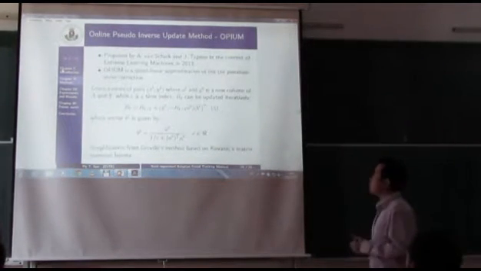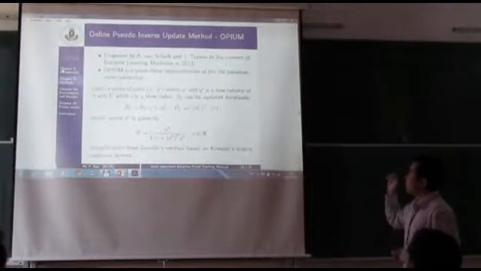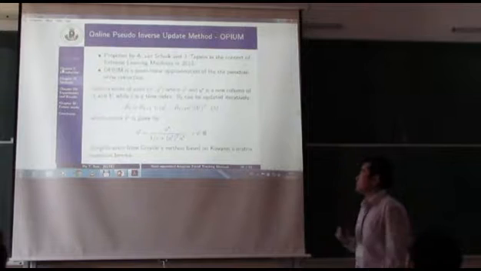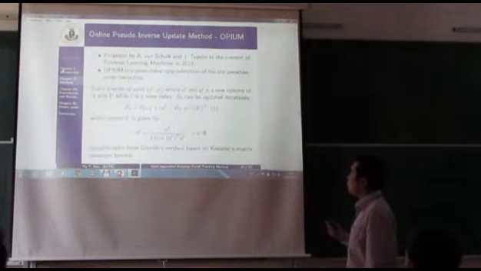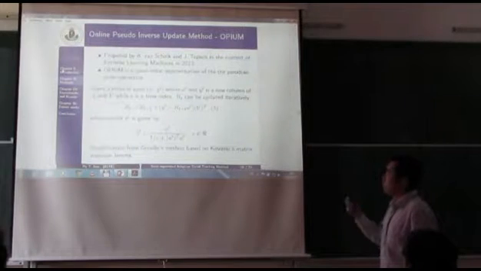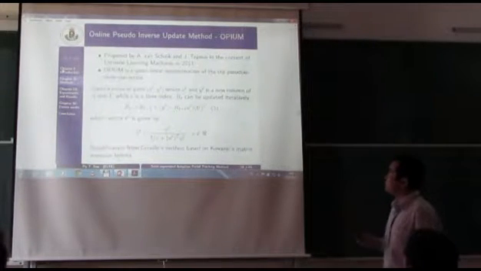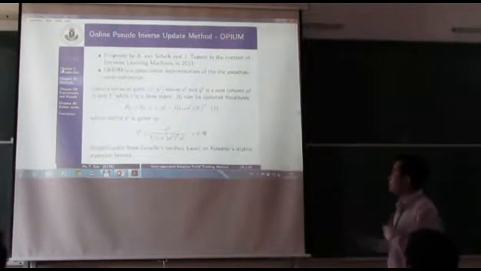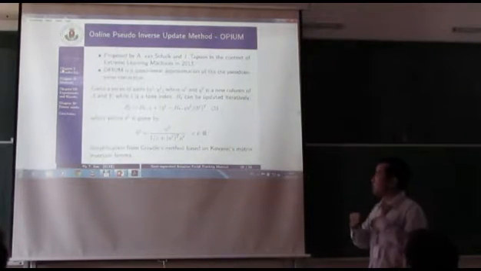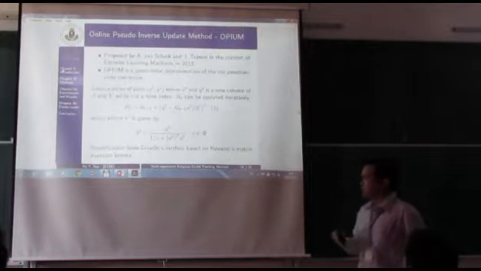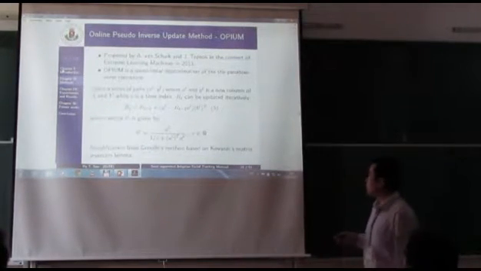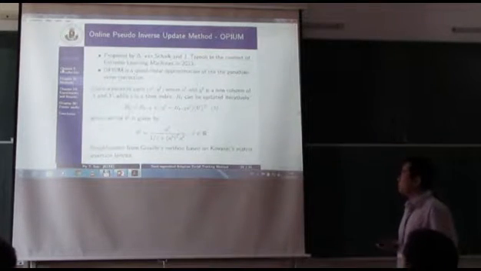And very fortunately, we have an algorithm to improve the quality of the linear regressions. OIPU, the online pseudo-inverse update method, was proposed by Soo and Toh in extreme learning machines in 2013. It is a simplification from Greville's method based on the Sherman-Morrison matrix inversion lemma.